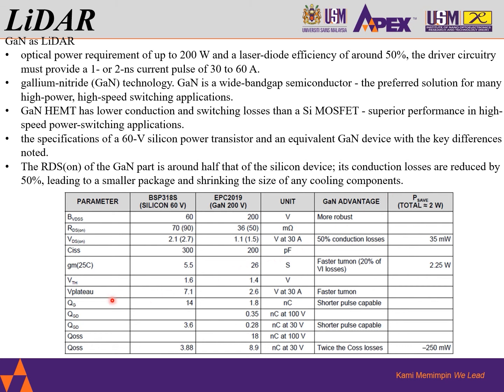Here we can see the parameter differences between silicon and GaN. For VDS on, we have 50% conduction losses, a 20% faster turn on, a shorter pulse, and also twice the COSS losses, which is around 250 milliwatts. So GaN is the most attractive option for LiDAR as of now.